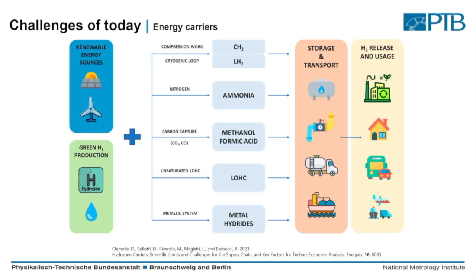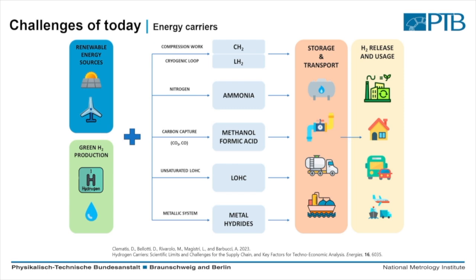But today I just want to focus on this part here, ammonia. Ammonia, of course, is well known. We can use the Haber-Bosch process. So nitrogen from the air plus hydrogen gives us ammonia. Ammonia can be transported easily, and storage is also no problem for ammonia, even though it's toxic.